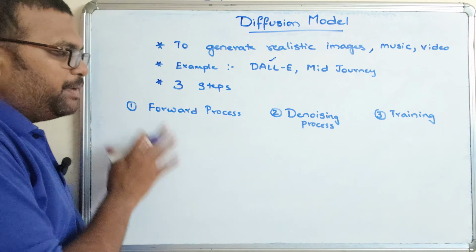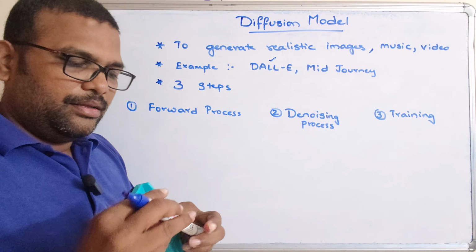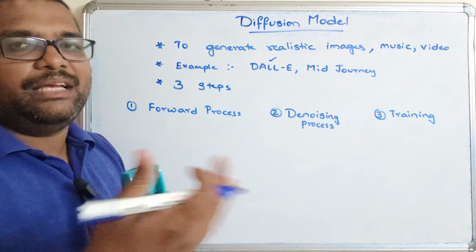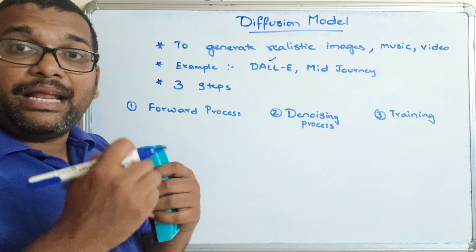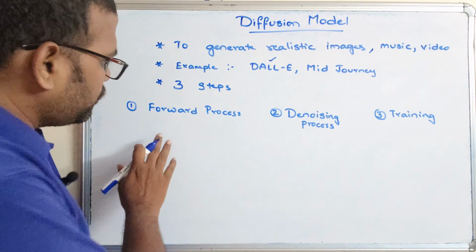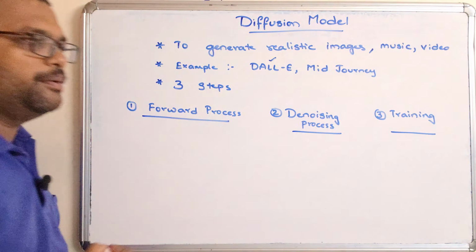So what is meant by the forward process? Mainly, it takes the prompt as an input and generates realistic images by reducing the noise step by step. So the first one is the forward process, then the denoising process, and the training process.